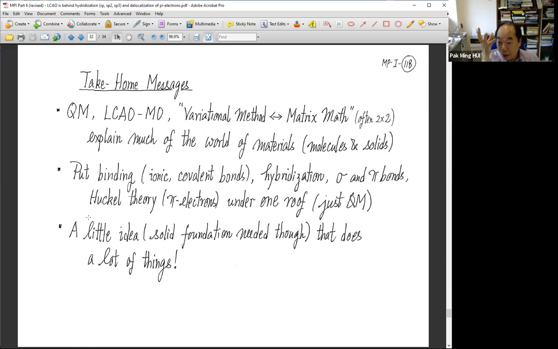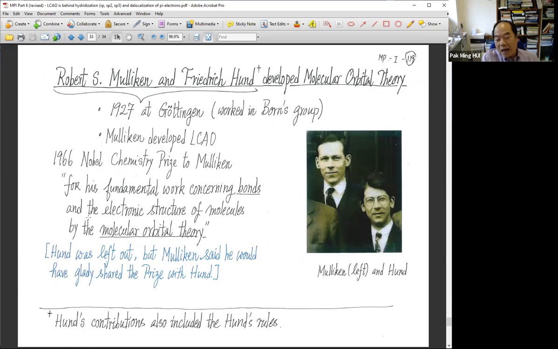You can understand a lot of nature by a small idea, okay? And then I would like to introduce the people I already did last time. Mulliken and Hund did a big part of this MO theory so that we understand bonding.